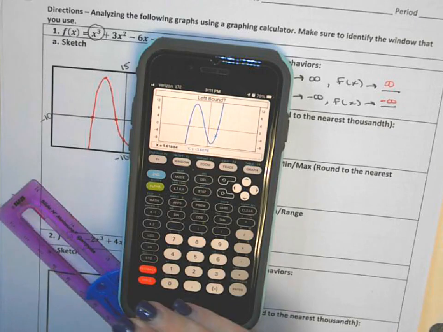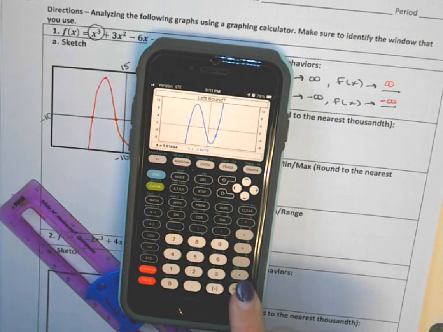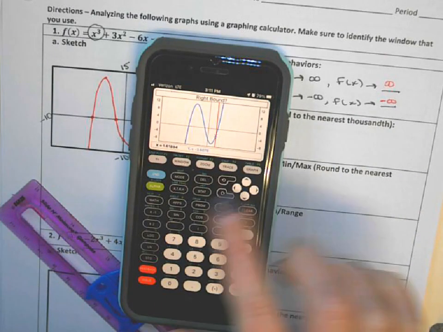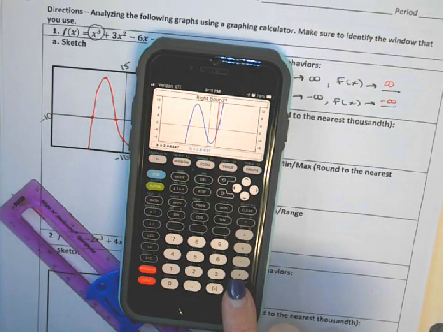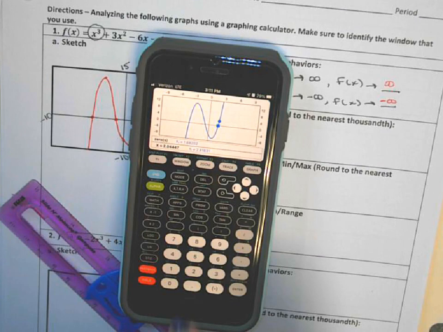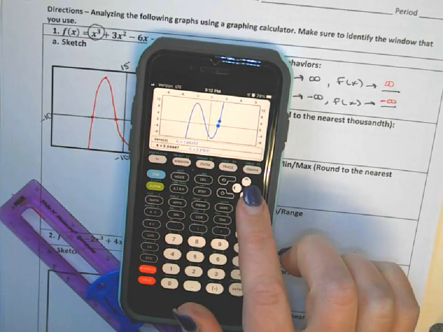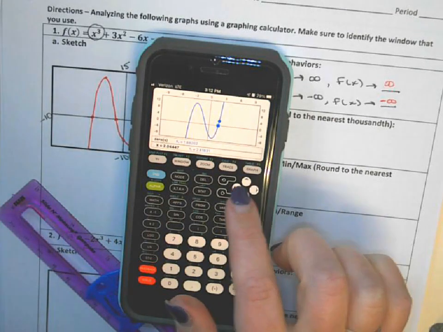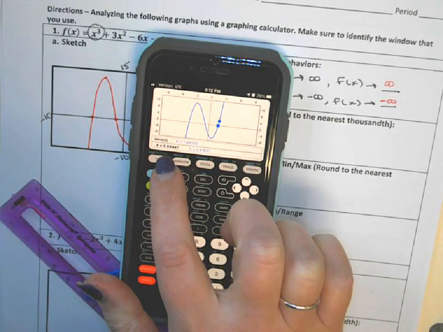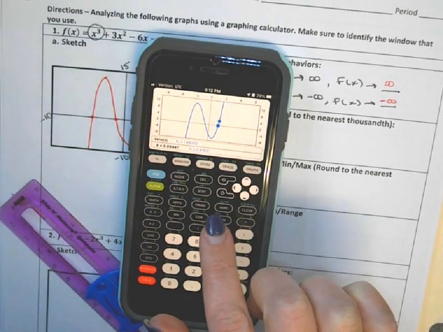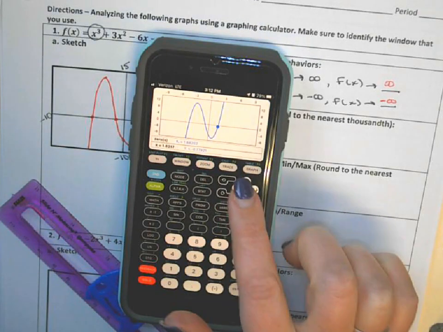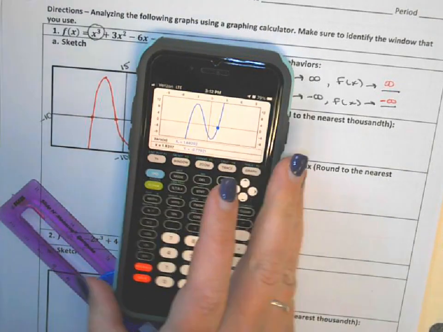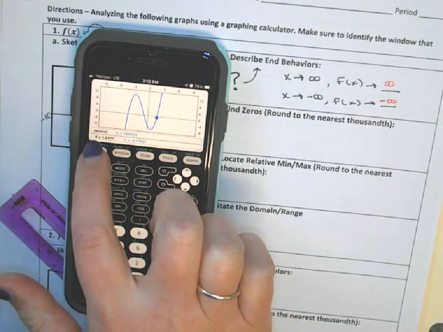Doesn't matter if you're above or below, you want to be to the left of the 0. Hit enter once you're to the left of it. Move your right arrow so that you're to the right of the 0. And it's going to locate that 0 for you. It tells you that the x is located at 1.882. See, it says right here zeros.